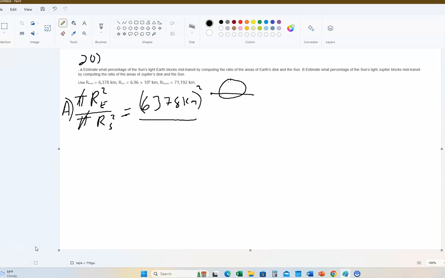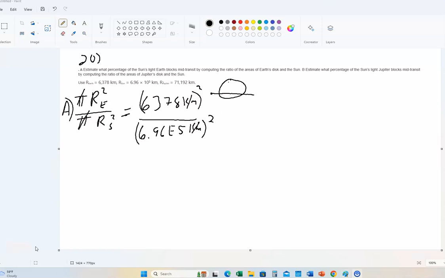The sun is huge, the biggest object in the solar system. It's 6.96 times 10 to the 5th kilometers, and then of course you're squaring that, so the kilometer part cancels.